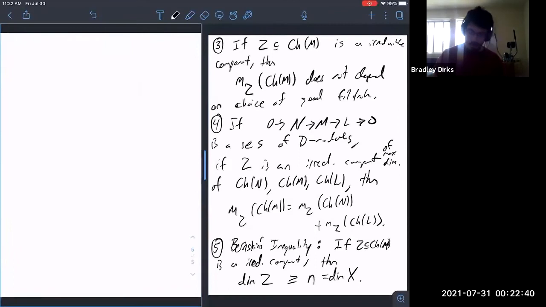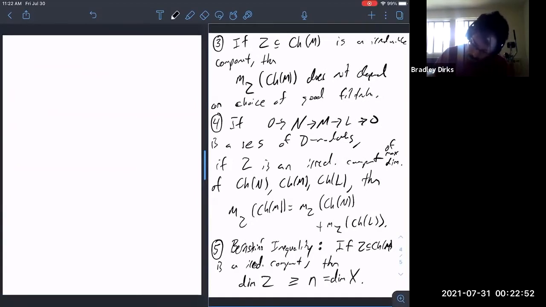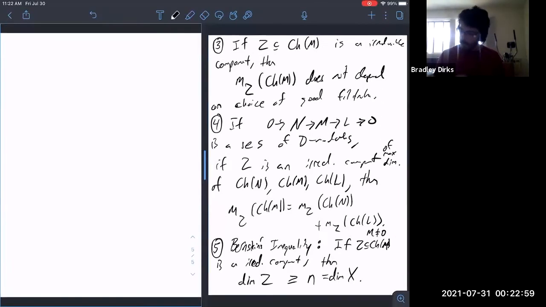And so these Z's are living on this X cross A to the N, and their dimension is always between N and 2N. I should say, if M is non-zero here. Okay, great. So maybe I'll give a definition based on this.